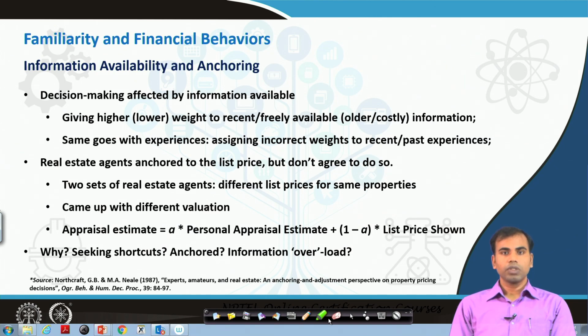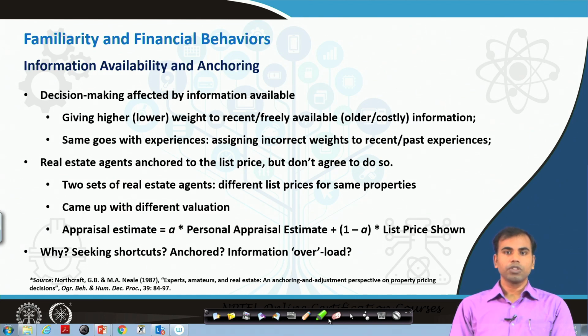When they were asked to give the valuation of the same properties, their valuations were different. Now, if the real estate agents were rational, the valuation of that particular set of properties should be identical, and it should not be affected by any other factors.